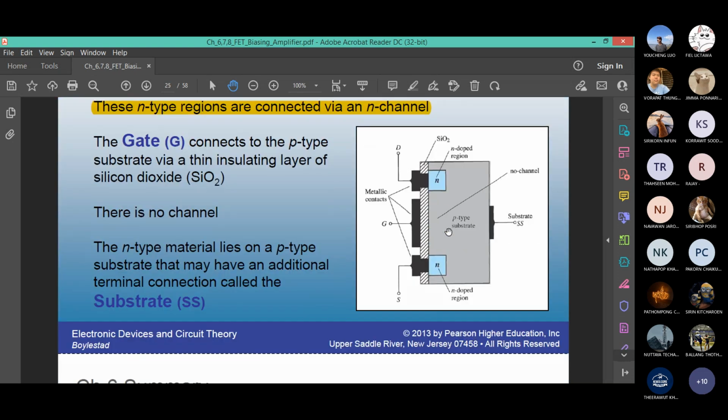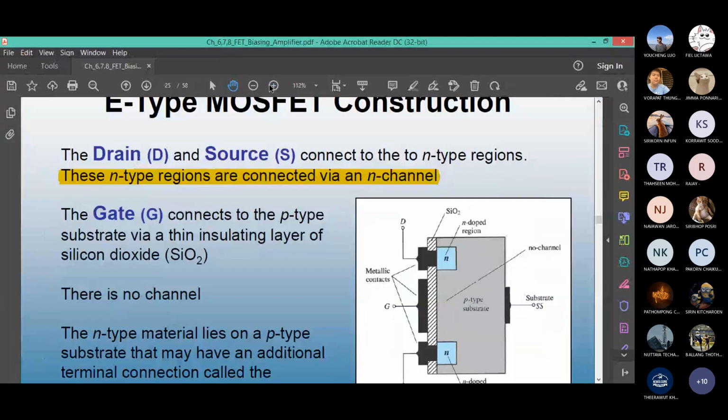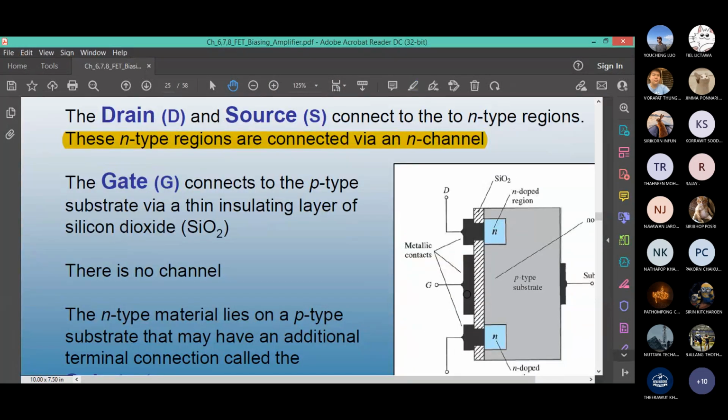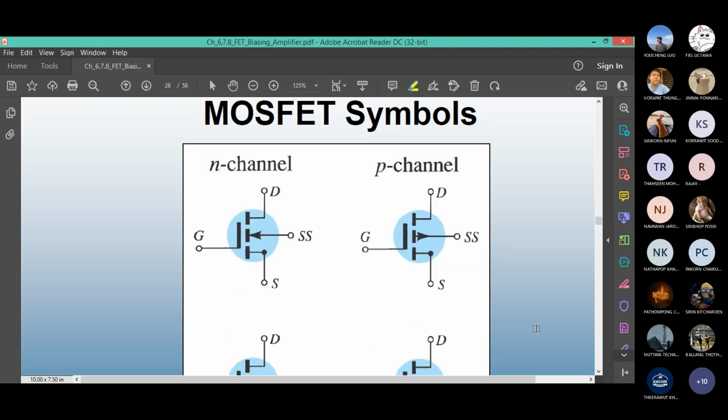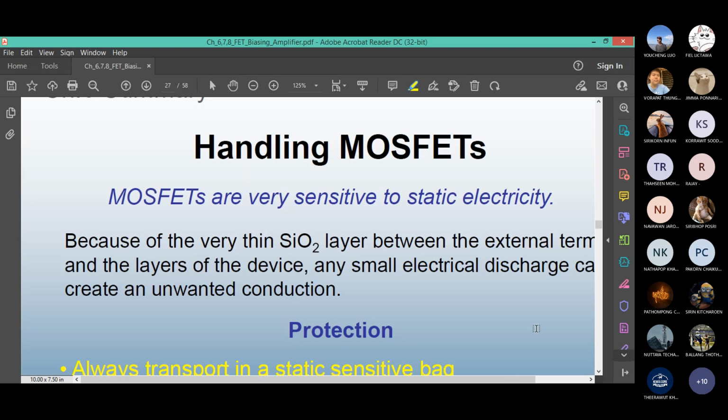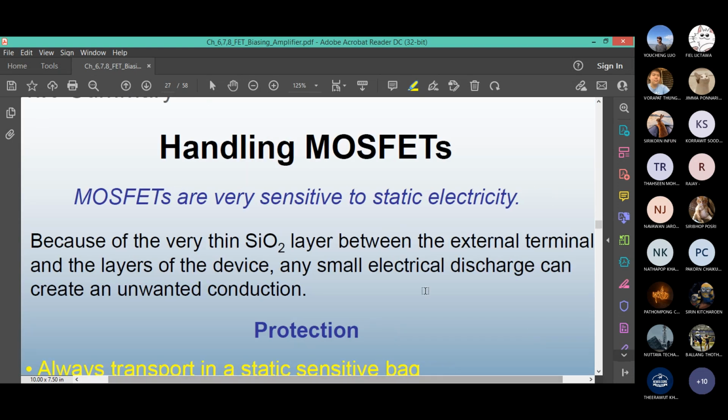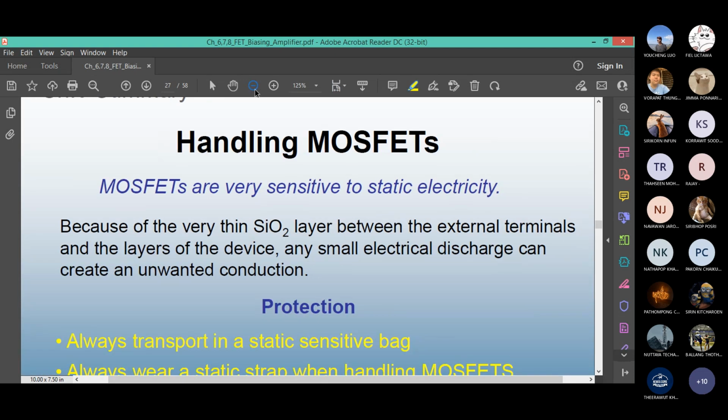Here, if you go back to any of these, the insulating layer of silicon dioxide, which is right here, this layer is so thin in construction that if you have even a little bit of static electricity discharge, which often comes from people's bodies or another object, it will create an unwanted current conduction inside the MOSFET. And even though the value is small, that small value is already large enough to damage it.